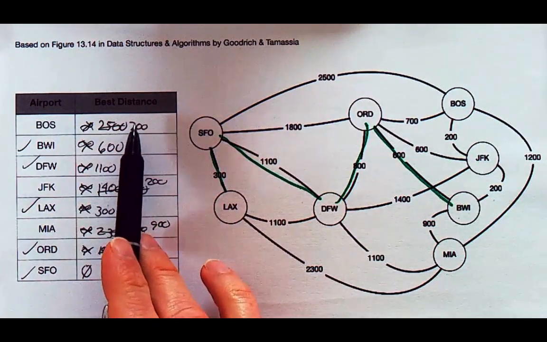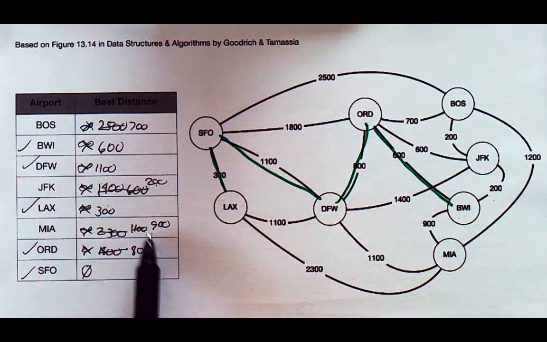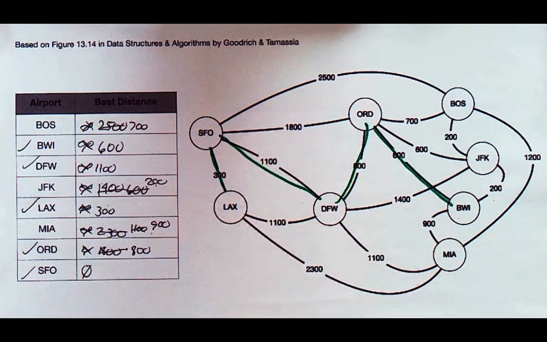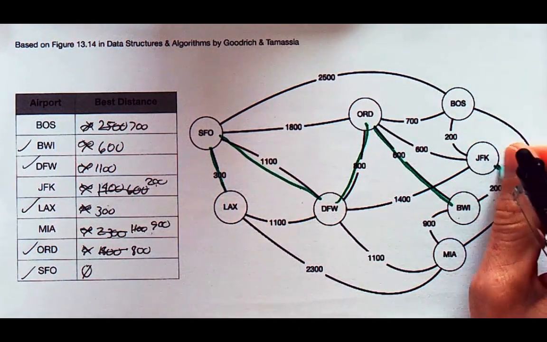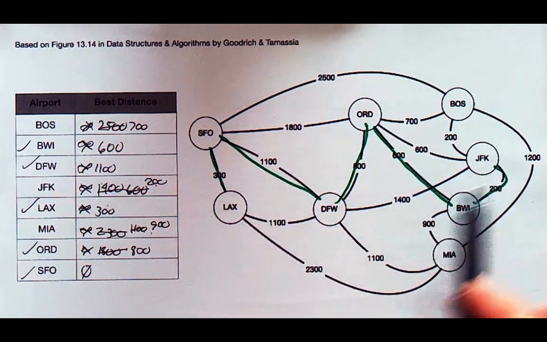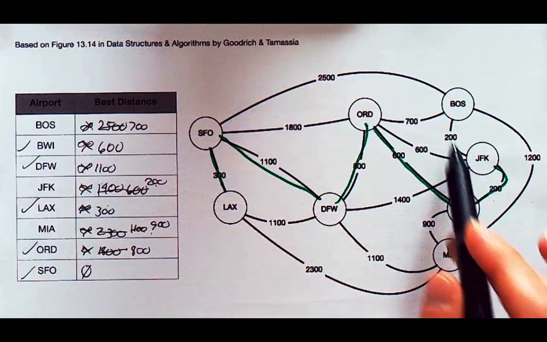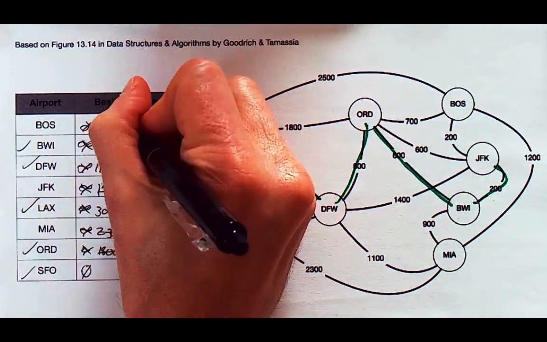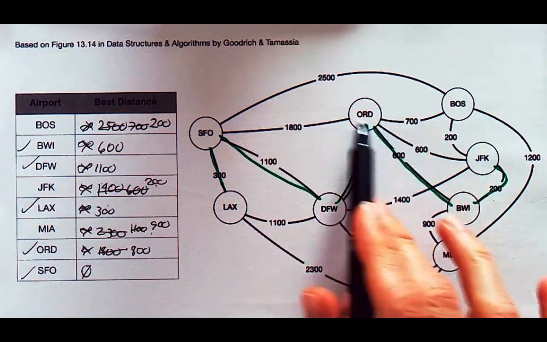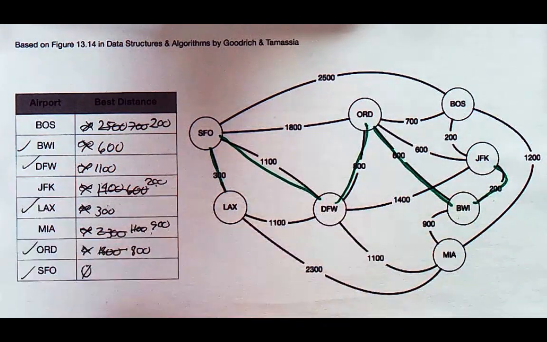Looking through our priorities, we've got 700, 200, and 900. It looks like JFK is our best bet here, so we'll go there next. Okay, so processing its outgoing edges, 200 to Boston. Oh, that's better than 700, so we'll go ahead and update that. 600 back to O'Hare, but that's already been processed.